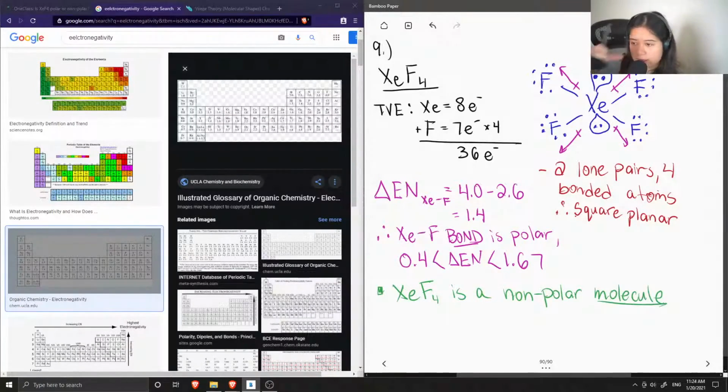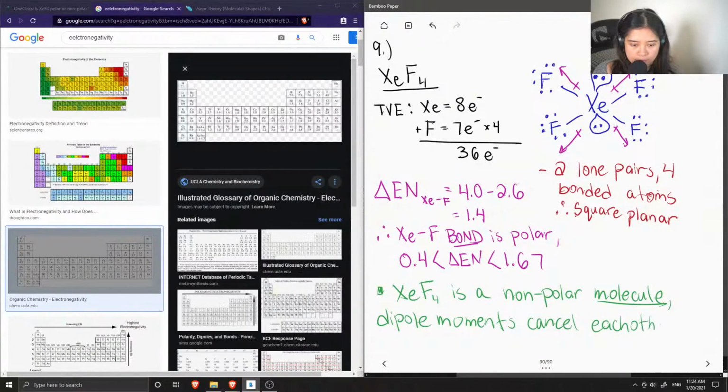So this is an example of how we can have a polar bond, but an overall nonpolar molecule. This is because the dipole moments cancel each other out, due to the symmetrical molecular shape.